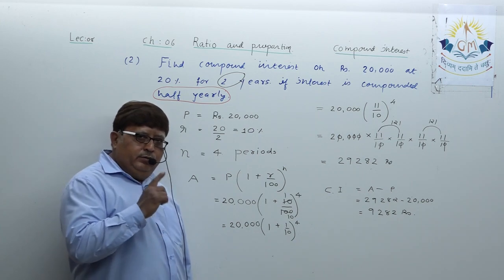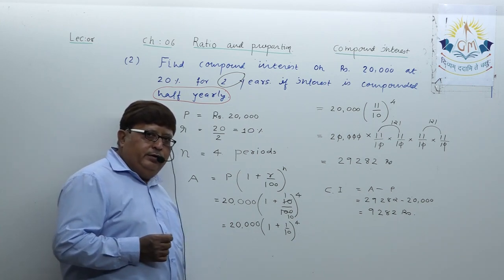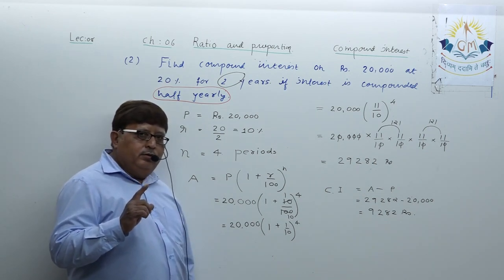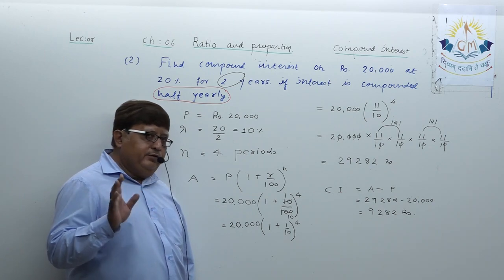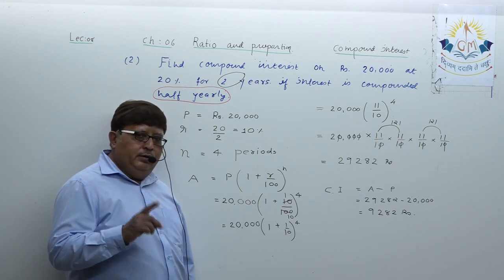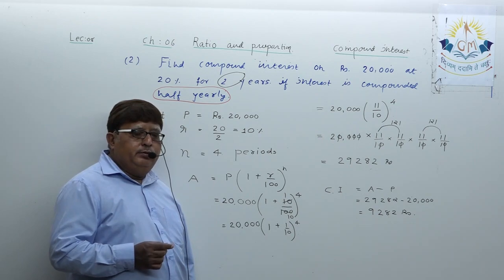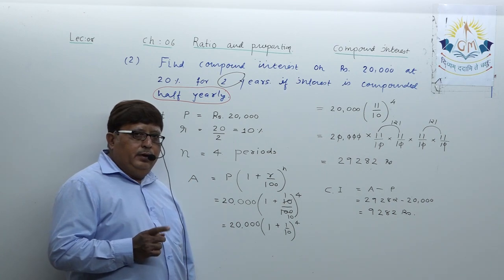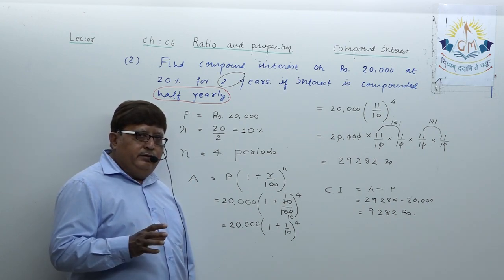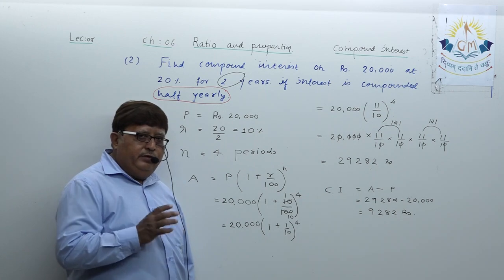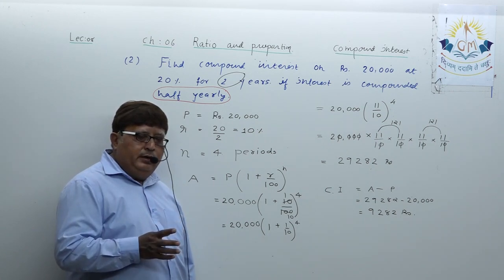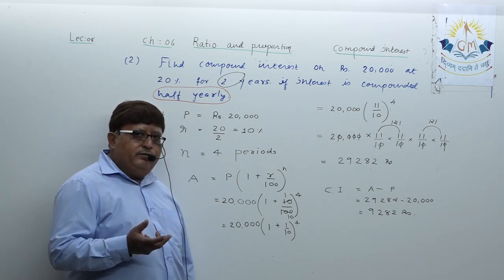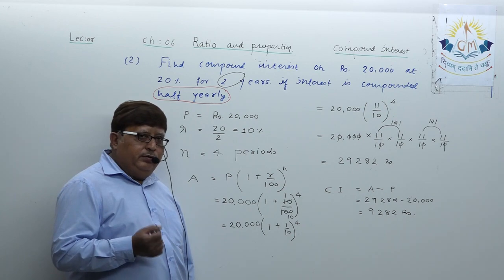So in those examples, as you know, there was no modification in principal or rate of interest, just represent the simple data, apply the formula of A and simply find compound interest.